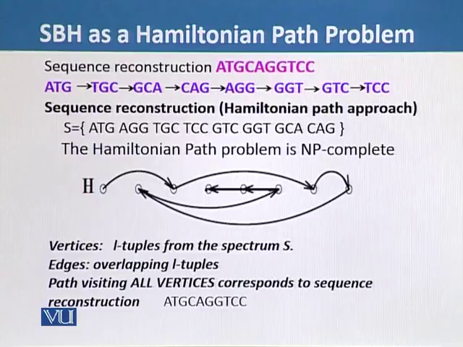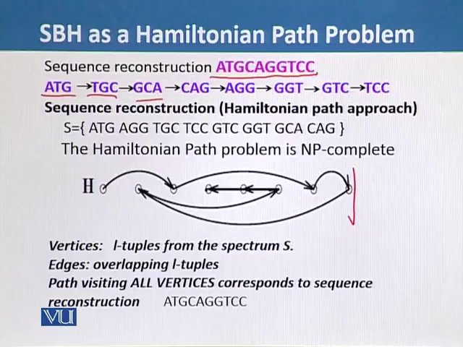So the spectrum presented in this figure, we can see the figure here, corresponds to the sequence reconstruction, that is ATG, CA, GG, TCC, which is the only path visiting all vertices of H. So we can say that ATG, TGC, they are the substrings of this superstring, and we have already said that TGC and up to GAC, this is written in the sequence reconstruction.